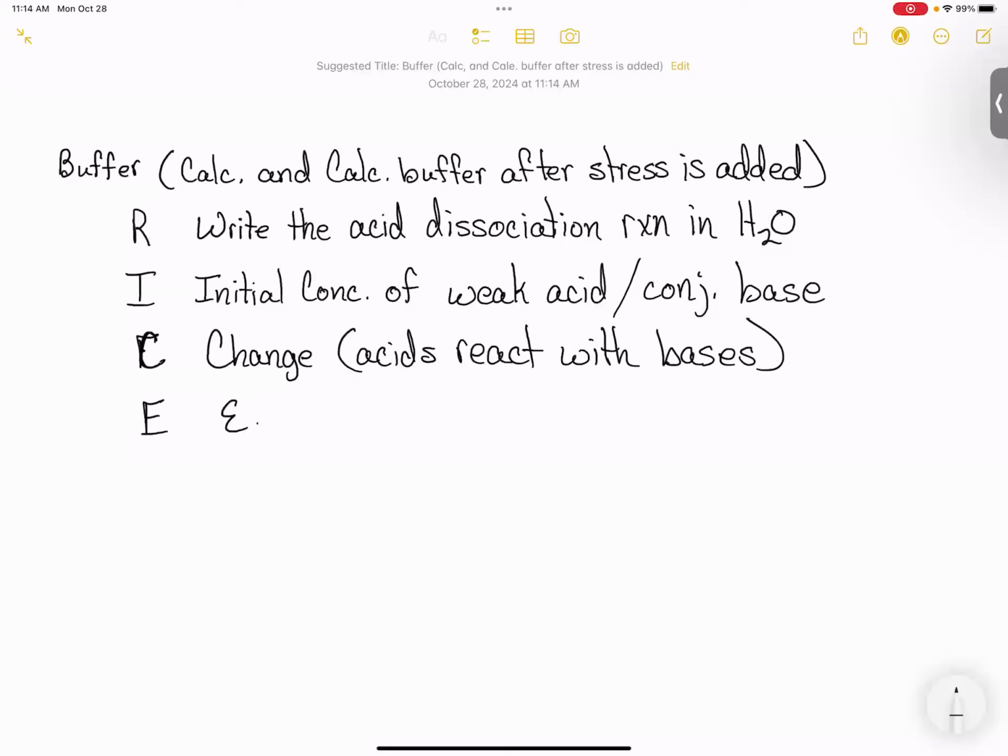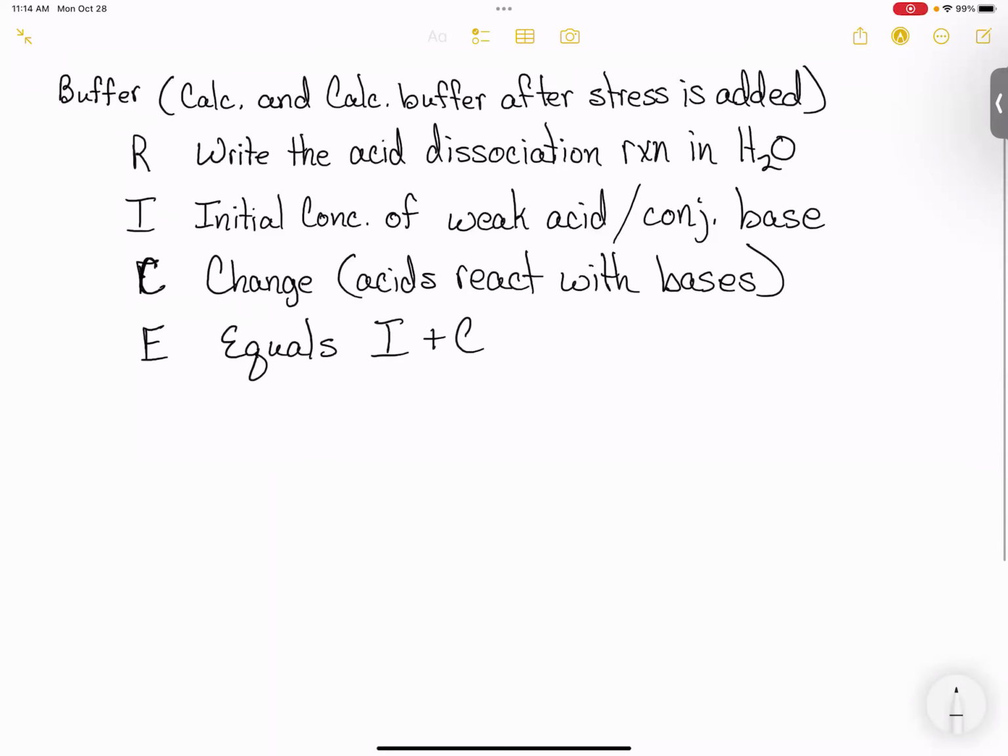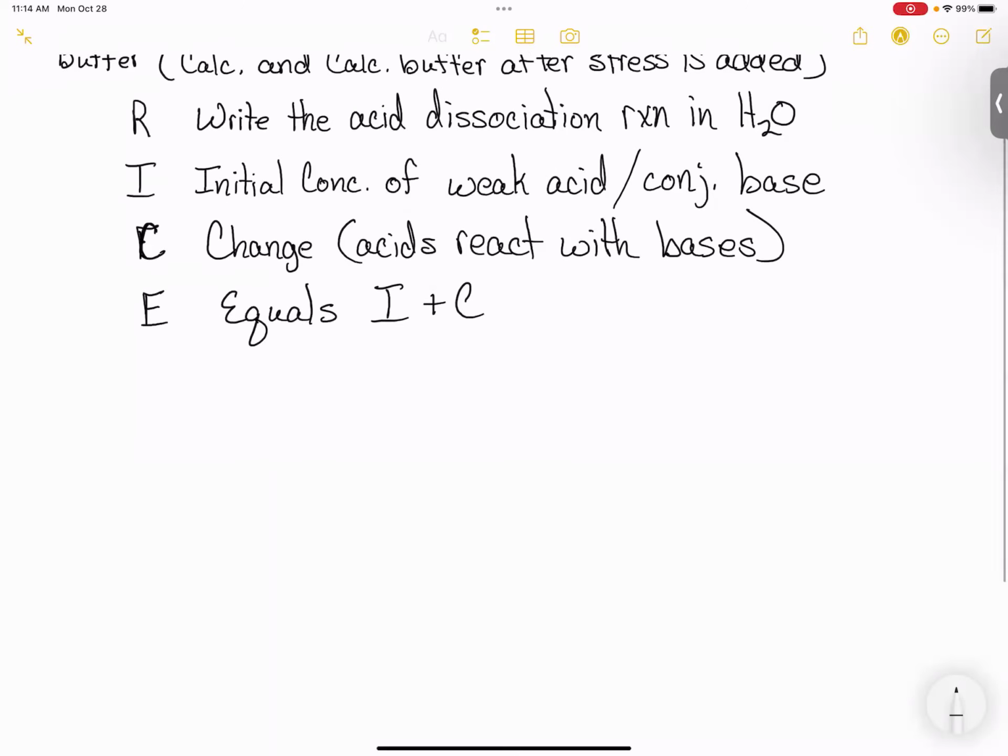We're just going to call it equals, where we add I and C together. Once you have your E value, then that's when you use the Henderson-Hasselbalch equation. pH is equal to the pKa plus the log of the base in the buffer over the acid of the buffer.